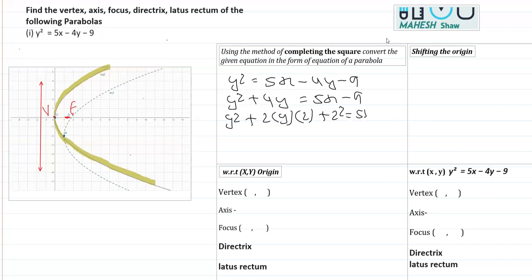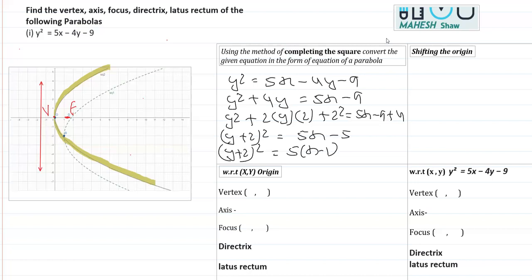Now on the other side, it is 5x minus 9. As you can see, I've added 4 to the left, so I should do the same on the right. Now this will become y plus 2 whole square, and this is 5x, minus 9 plus 4, that is minus 5.